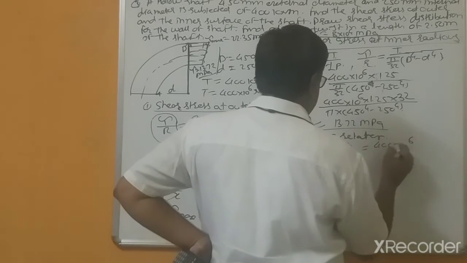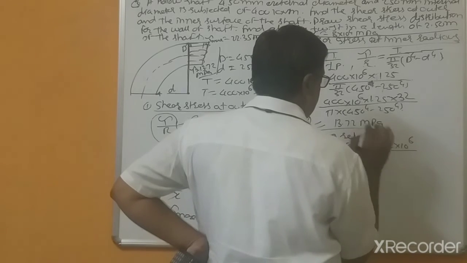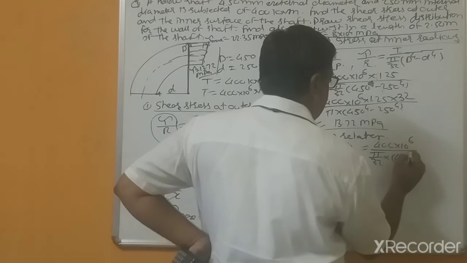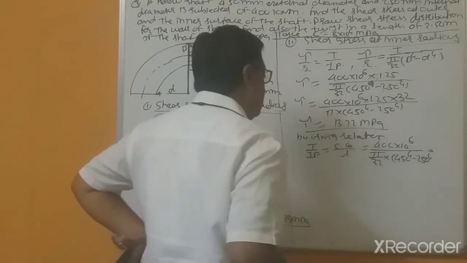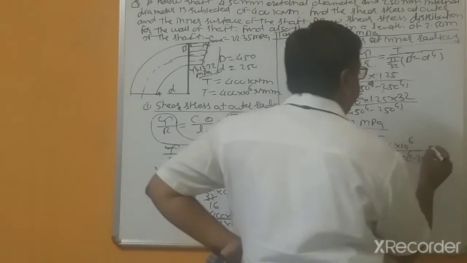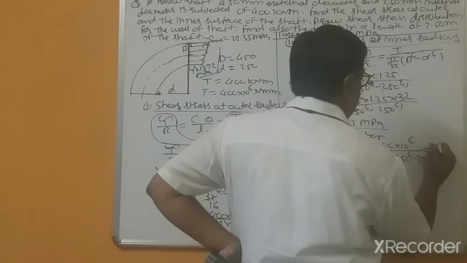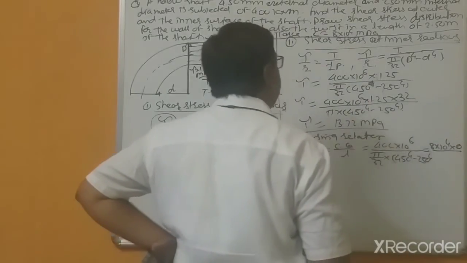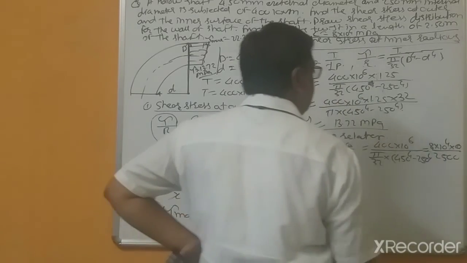This is 400 into 10 to the power 6, pi by 32, 450 raised to 4 and 250 raised to 4 equal to C, 8 into 10 to the power 4, theta, length equal to 2.5 meters means 2500.